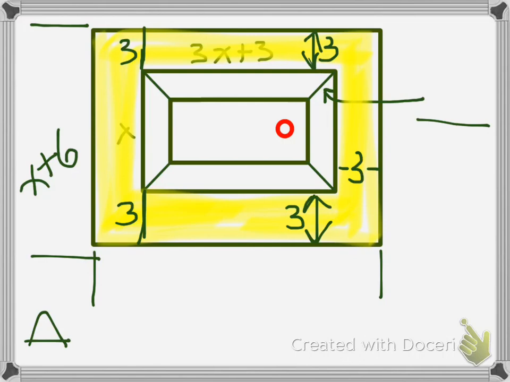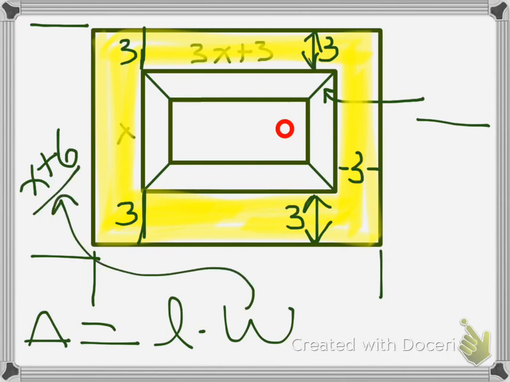So the whole overall area is going to be length times width. And I gave the width as x plus 6. The length we still have to figure out, and that will give us the land area that the whole pool is taking up, right?